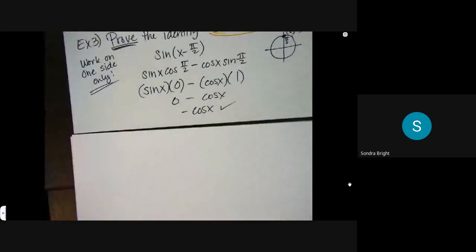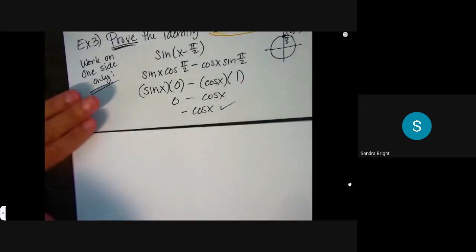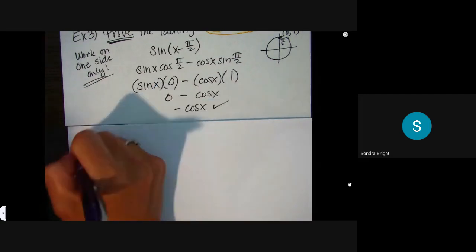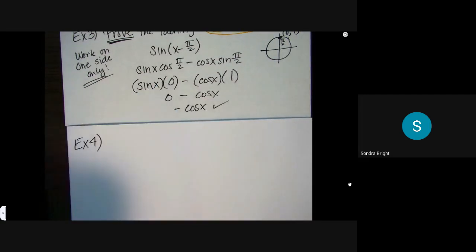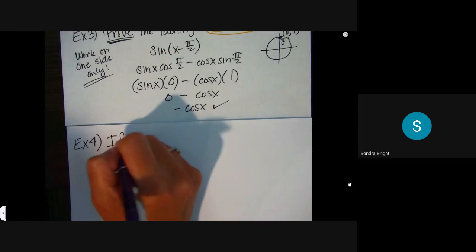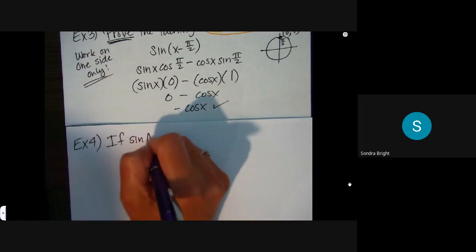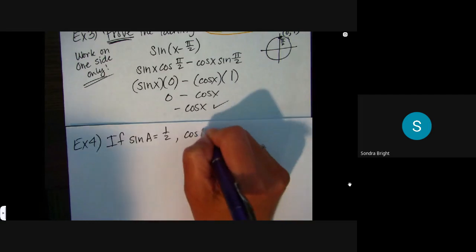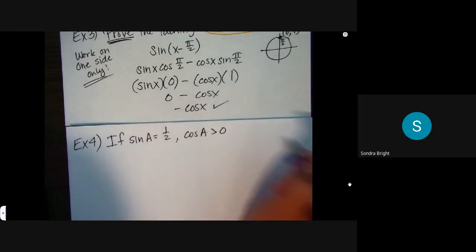Okay. All right. Are you ready for a more complicated one? You are forewarned. It's a challenge one. If sine of angle A is 1/2 and cosine of angle A is greater than 0, that means it's positive.